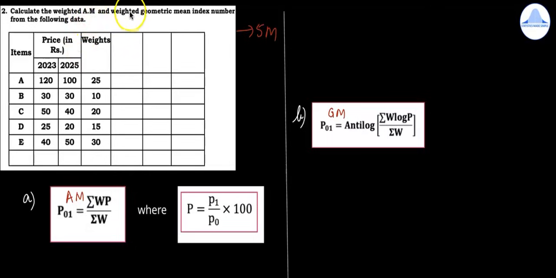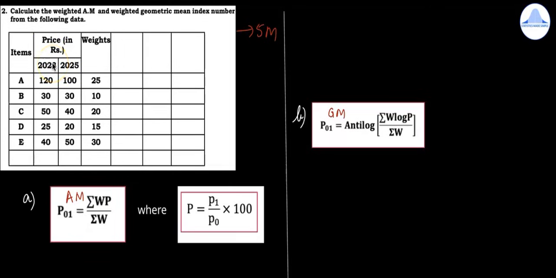Calculate the weighted arithmetic mean and the weighted geometric mean index number from the following data. The items are given and the corresponding prices in the base year and the current year are given along with the weights. So 2023 is the base year and 2025 is the current year. So firstly, it is important to mark the columns correctly.